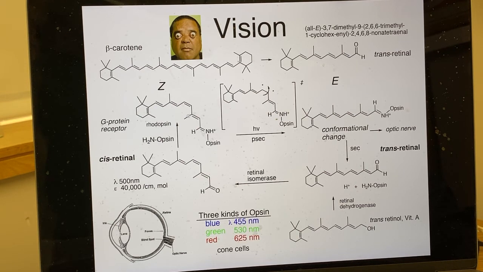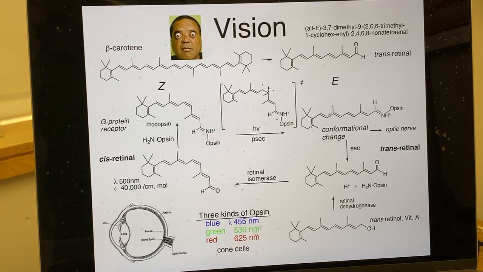Light of different frequencies comes into the eyeball. There are different isoforms of this protein, rhodopsin, which has the highly unsaturated polyene that comes from retinal. When light impacts there, it changes the conformation from cis to trans. We'll talk about that type of stereoisomerization and what cis and trans mean.